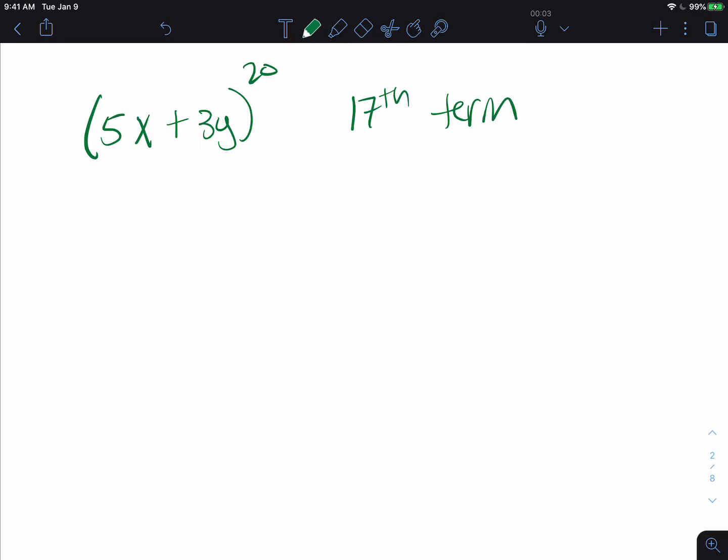That would be a lot of extra work that we don't care about doing. So if I want the 17th term, that means I want to go 1 less than that. So I'm going to take the 3y, and I'm going to do 17 minus 1, which gives us 3y to the 16th.